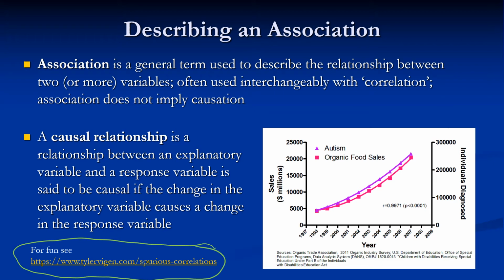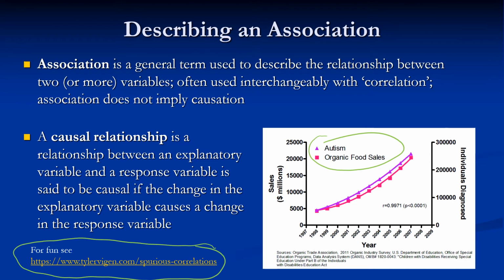So, for example, here's a correlation between autism and organic food sales, and they imply that as one goes up, so does the other. However, it's very doubtful that the increase in organic food sales causes an increase in autism. So we have to be careful about the data that we're analysing for an association.